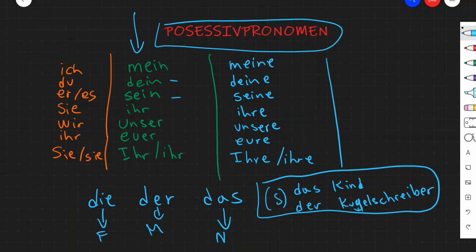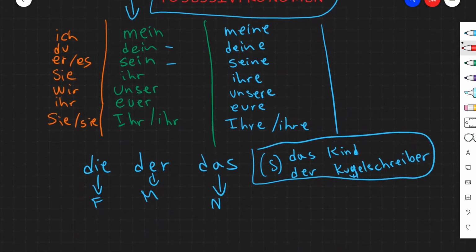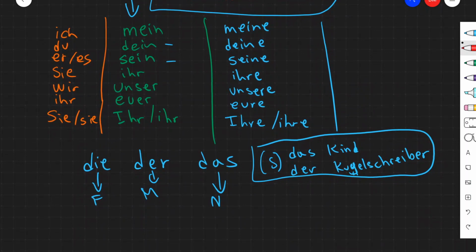the noun has the article die? So this is, let me write it in red to make a difference between the das Kind, der Kugelschreiber, and die.